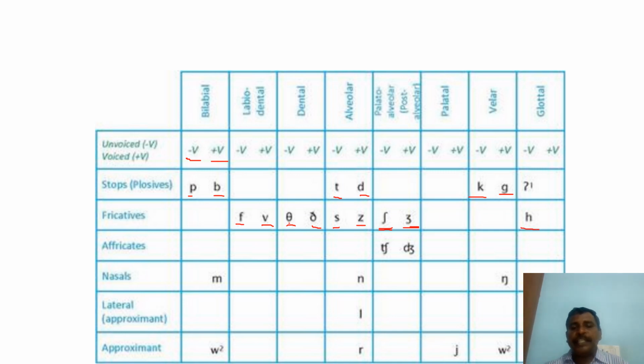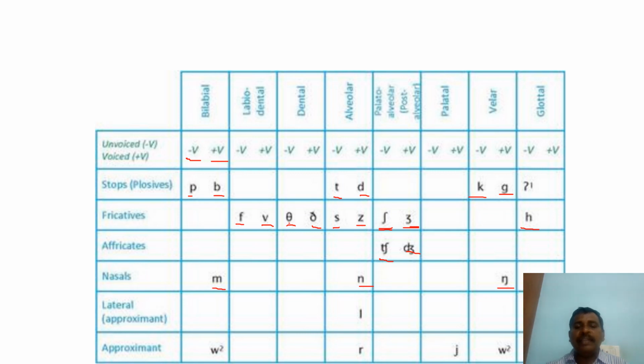Then in affricates, we have ch, j. Ch, voiceless, j, voiced. Then we have the nasal sounds. Nasal sounds are voiced: m, n, ng. These three sounds are voiced sounds.